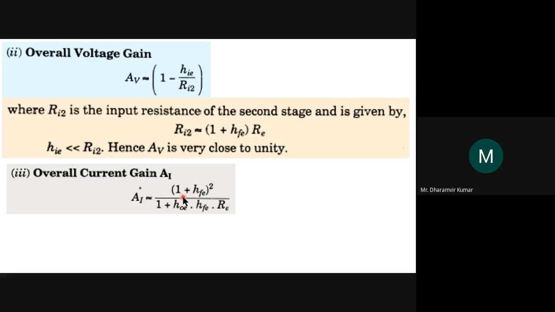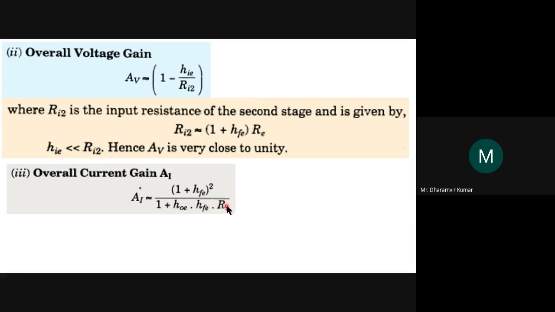Look here, 1 plus hfe. hfe is beta, generally 100 or 150 or 200. So 100 square becomes 10 to power 4. Now in the denominator we are having 1 plus hoe. hoe is the output admittance, generally in multiples of 10 to power minus 6. hfe, let's say 10 to power 2. So 10 to power minus 6 into 10 to power 2 means 10 to power minus 4.